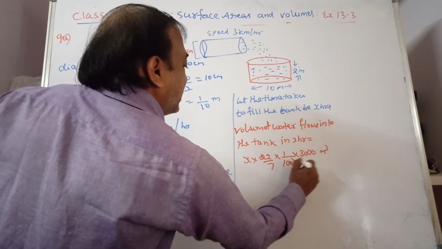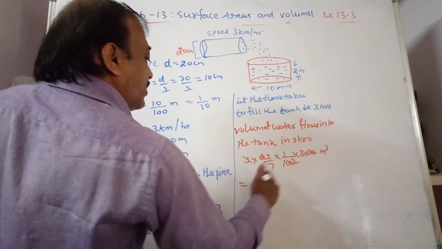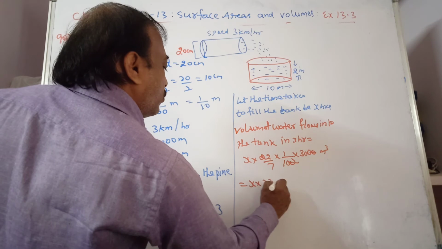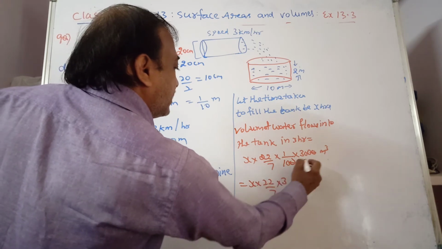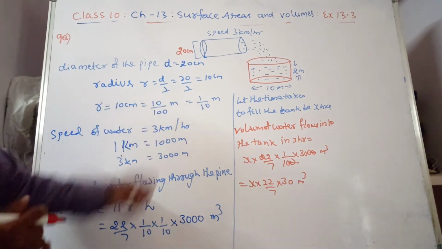Here you can cancel 2 zeros. So x into 22 by 7 into 30 meter cube of volume is flowing in x hours.